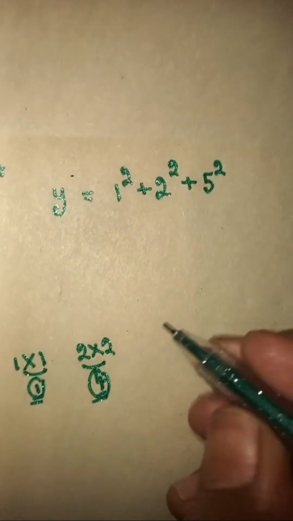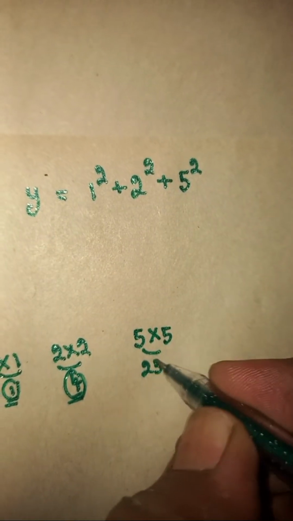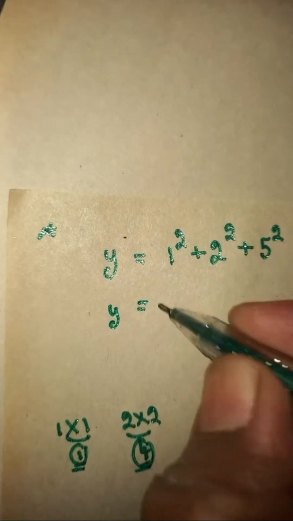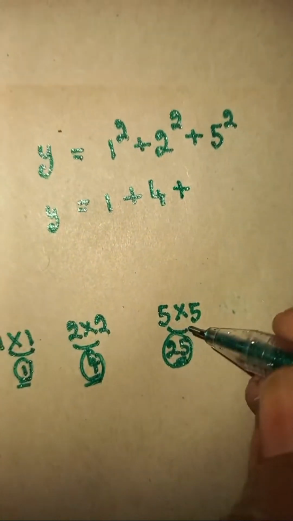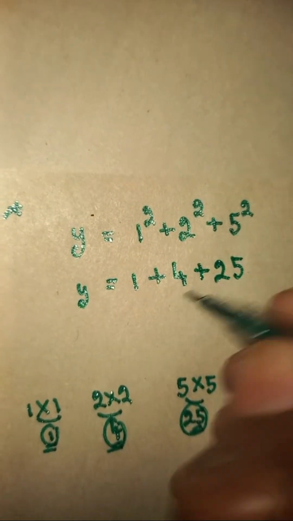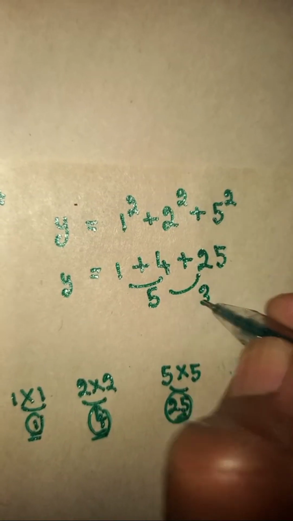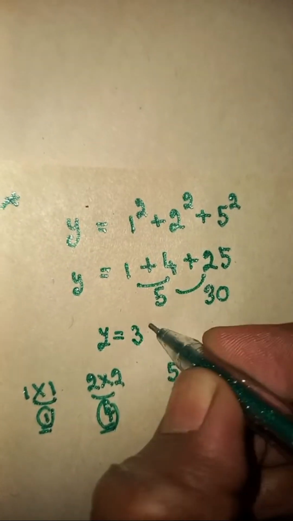And 5 square means 5 times of 5, which is 25. So you're going to get y equal to 1 plus 4 plus 25. When you add that, 1 plus 4 is 5, 5 plus 25 is 30, and you're going to get y equal to 30.